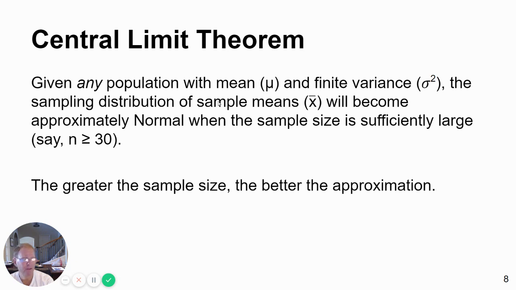Basically, it makes inference testing possible. Here it is. Given any population with mean mu and a finite variance, the sampling distribution of sample means will become approximately normal when the sample size is sufficiently large. And for that, we're going to use as our rule, n is greater than or equal to 30.